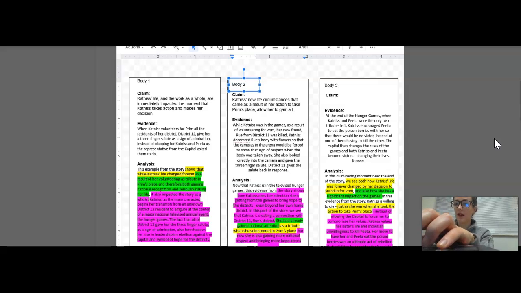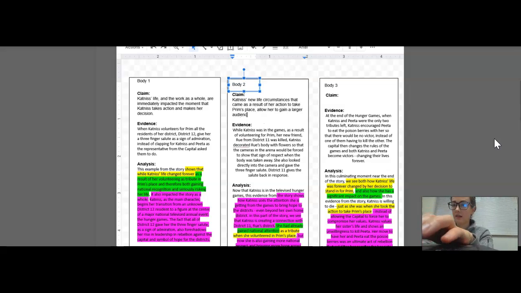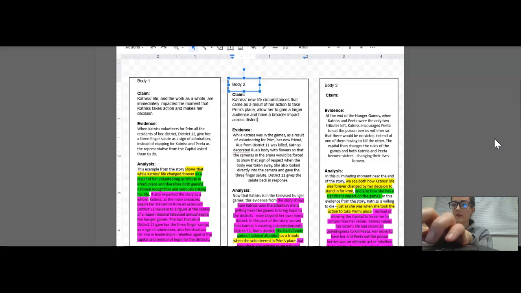To gain a larger audience and have a broader impact across districts, not just her own. So here I'm talking about, again, going back to my thesis, that decision that she made, I'm going to talk about it each paragraph, and what the consequences of that decision were.